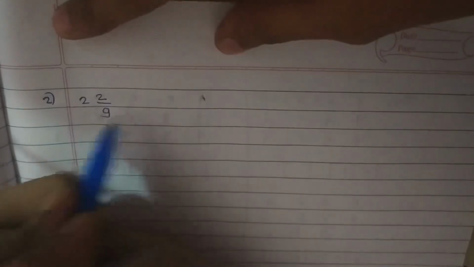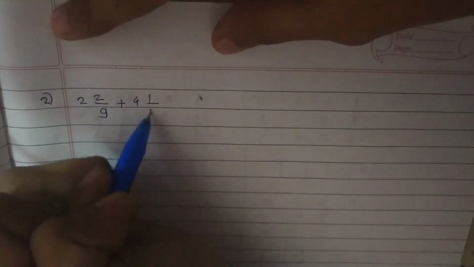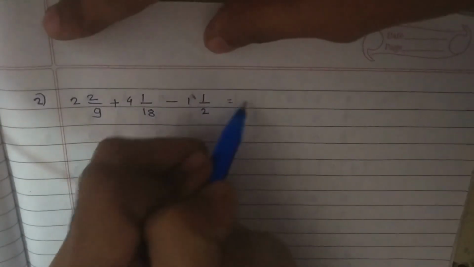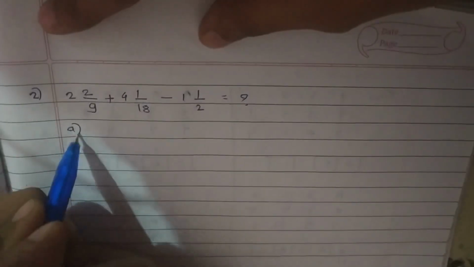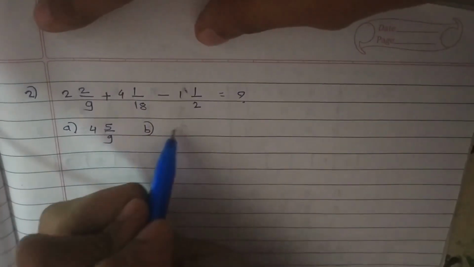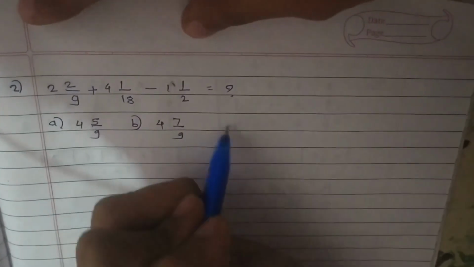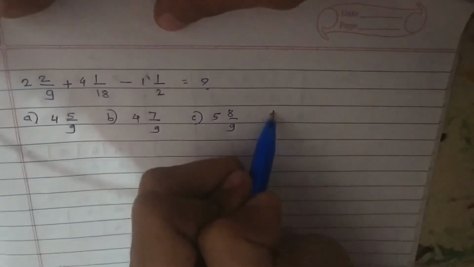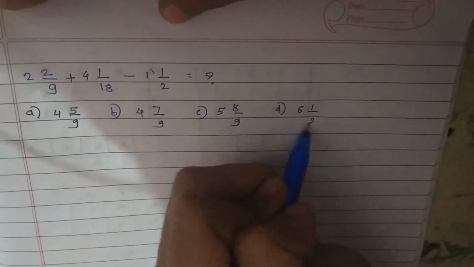Let's take another example. 2 by 9 plus 4 1 by 18 minus 1 by 2 equal to what? The options are: option A is 4 5 by 9, option B is 4 7 by 9, option C is 5 8 by 9, and option D is 6 1 by 2.